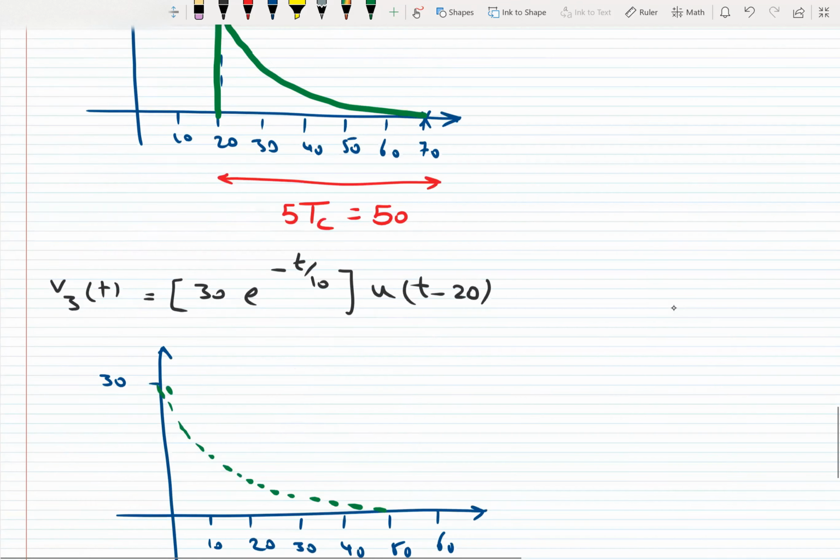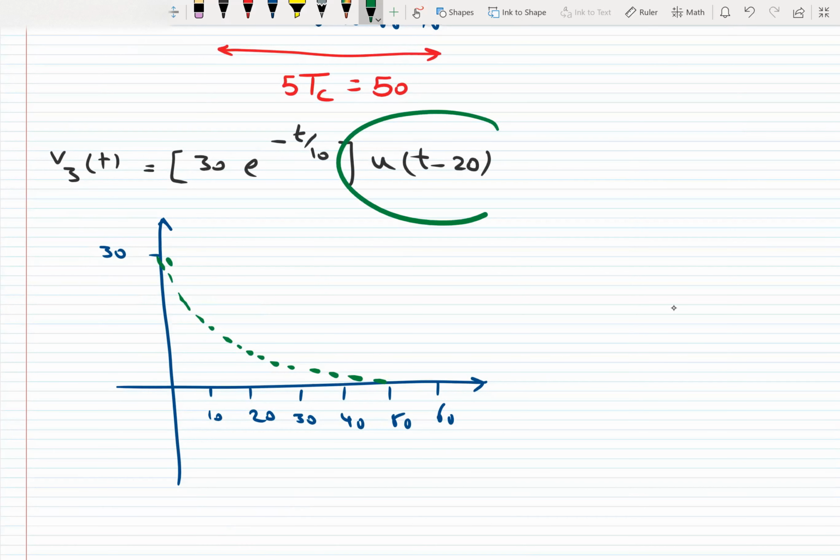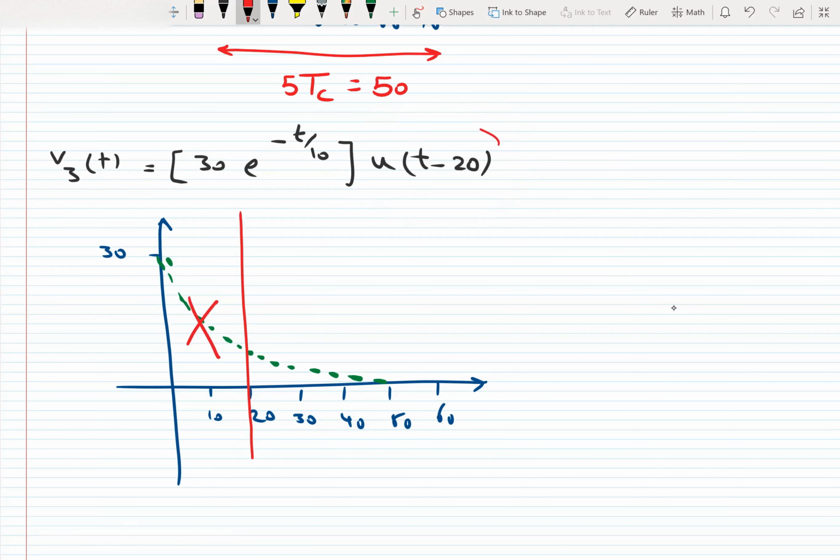Now u of t minus 20 cuts the signal before t equals 20. So before t equals 20, there is no signal. For time less than 20, there will be no signal because u of t minus 20 is equal to 0 there.